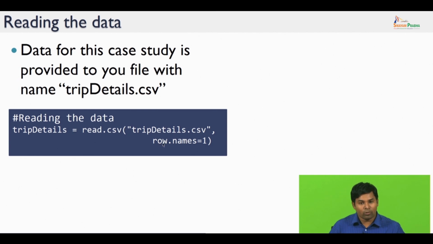Therefore, I have specified row.names as 1, and this is the file name from which I want to read the data, and assigning the data which is read from this read.csv to the object called tripdetails. As mentioned in the help of read.csv, it reads the data from this tabular format and then assigns it to an object called tripdetails, which is of type data frame.